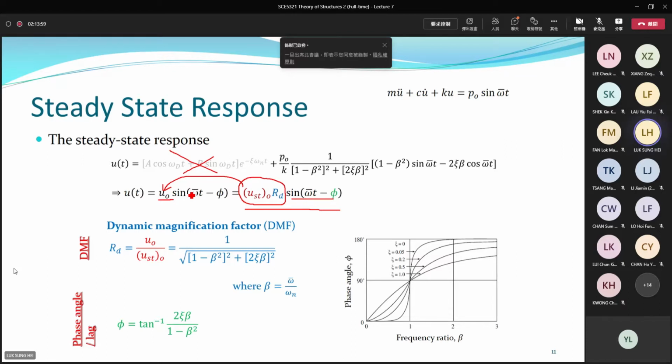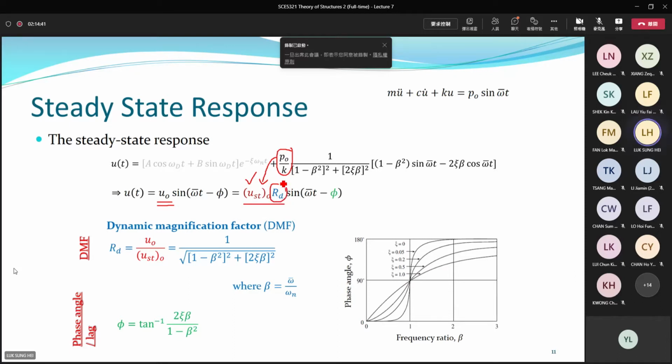The displacement amplitude at steady state is equal to UST times the dynamic magnification factor mathematically. It's quite interesting because when you look at these expressions, for a dynamic system, the vibration amplitude is equal to the static part, P over K, multiplied by a factor, RD.